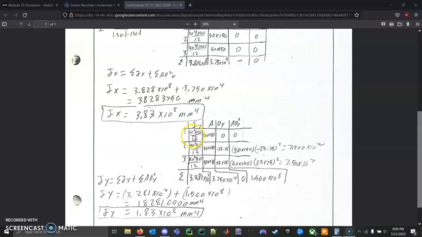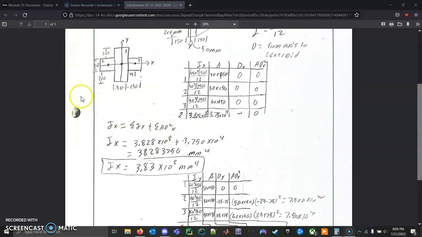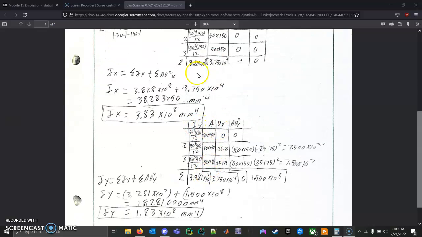So your Iy for figure 1 is going to be your 50 cubed times your 450 over 12. And as I stated above, the numerator for the area is going to be the same, just dropping the cube, so it's 50 times 450.